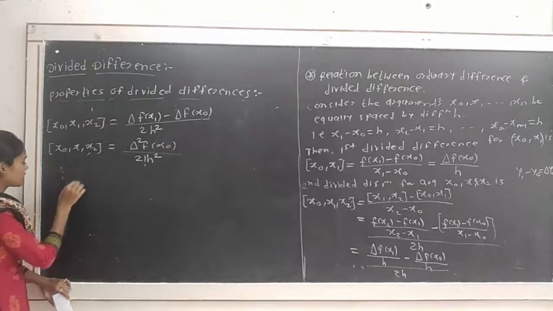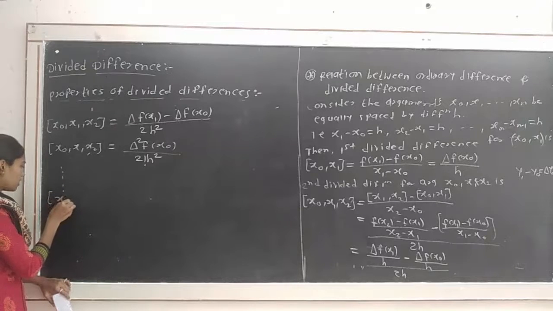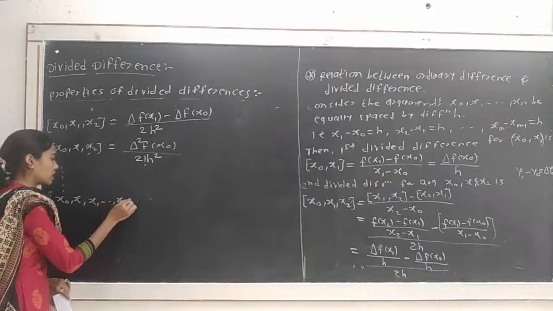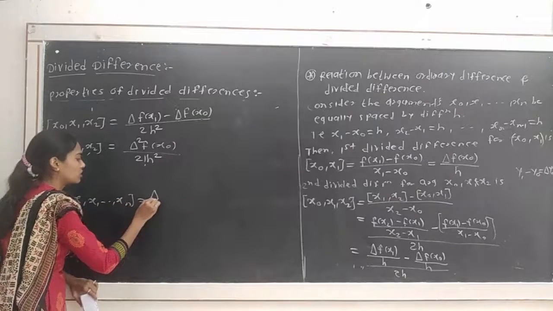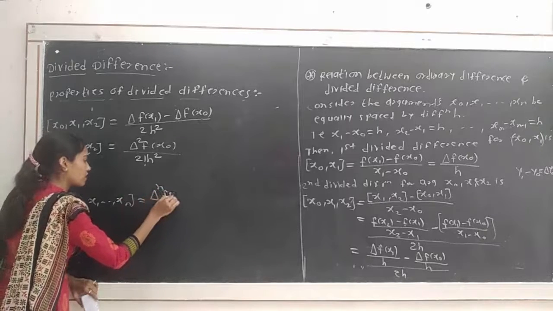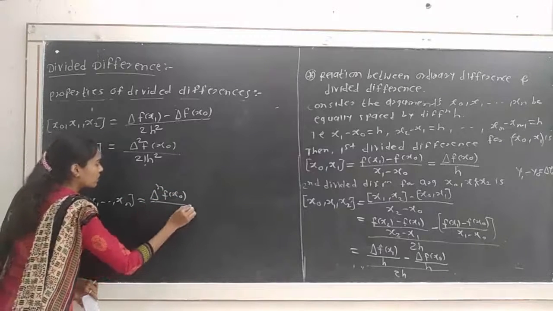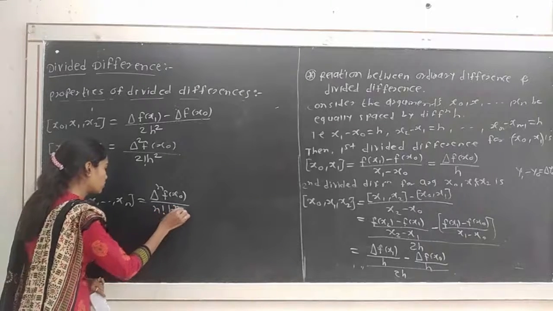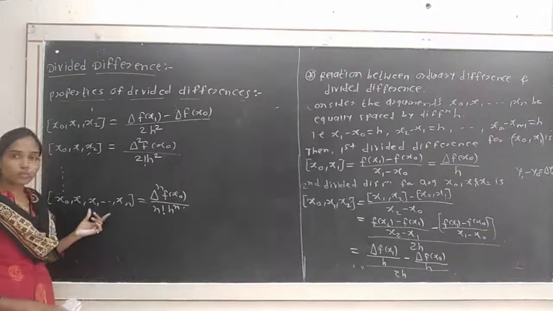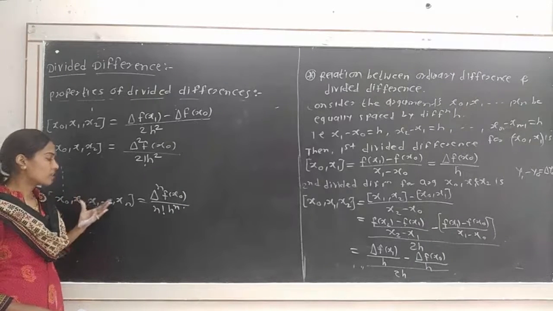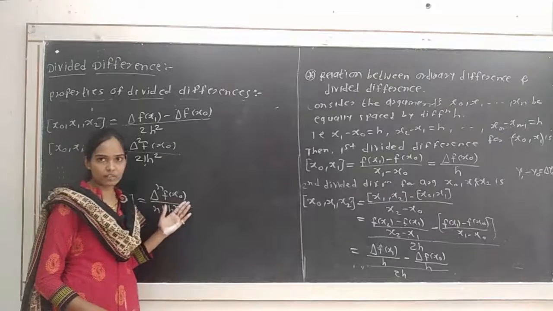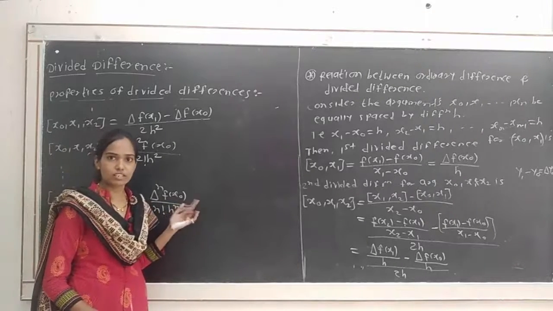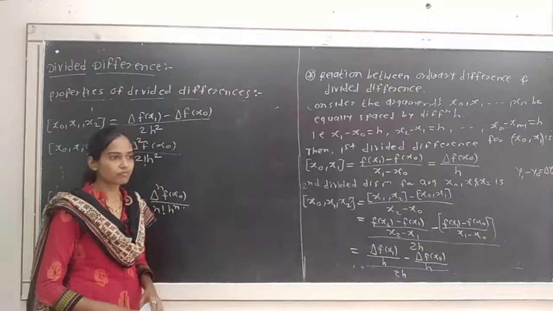Similarly, if we generalize this concept and find the divided difference for the argument x0, x1, up to xn, then it equals delta raised to n f of x0 divided by n factorial into h raised to n. In this way we get the relation between the divided difference and the ordinary difference, that is the forward difference.